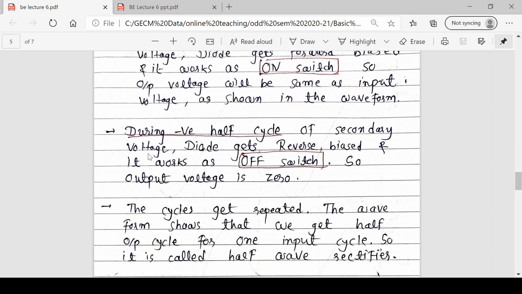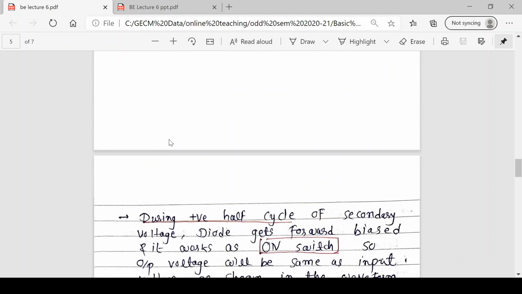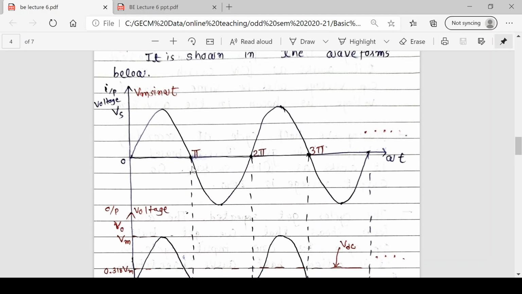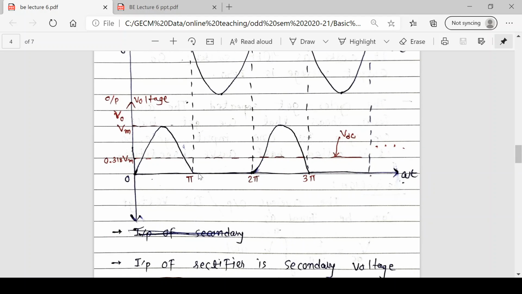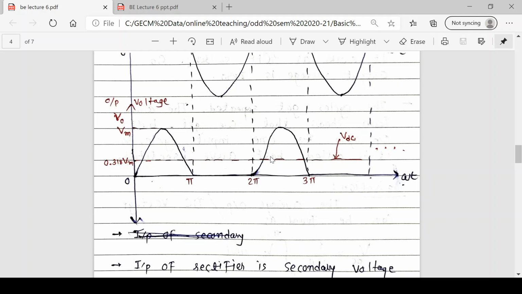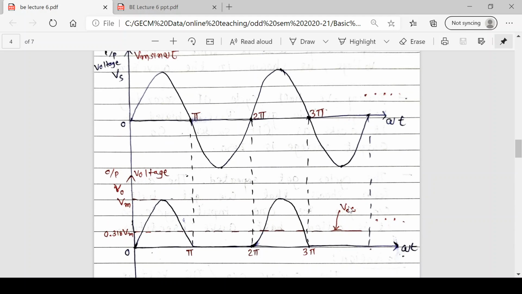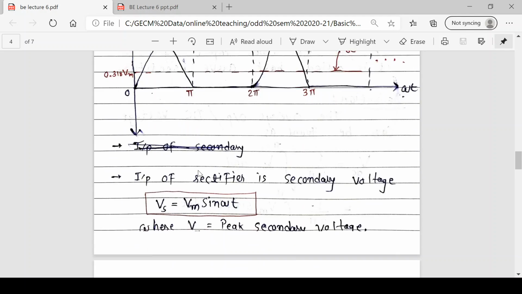What will happen in negative half cycle of the secondary voltage? Diode gets reverse biased and it works as an open switch or off switch. So output voltage will be 0. As you can see, during negative half cycle of the secondary voltage, diode is off, so output voltage is 0. And the cycles will get repeated because it is a periodic input signal.